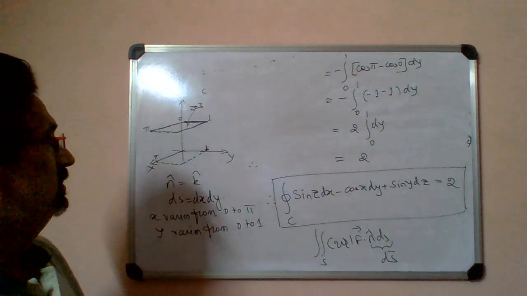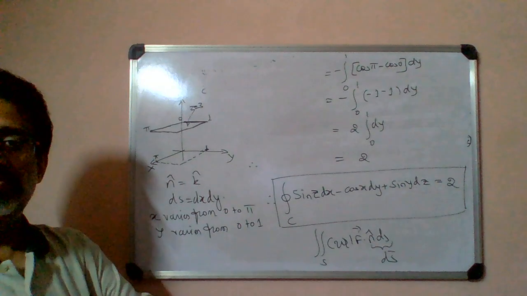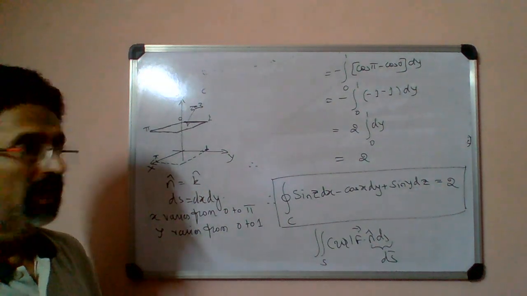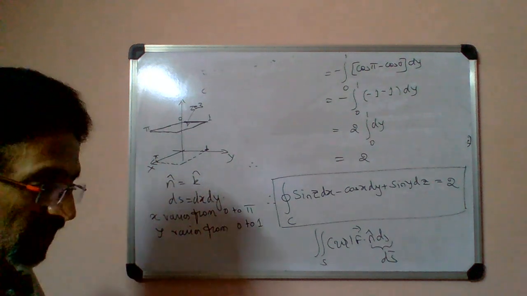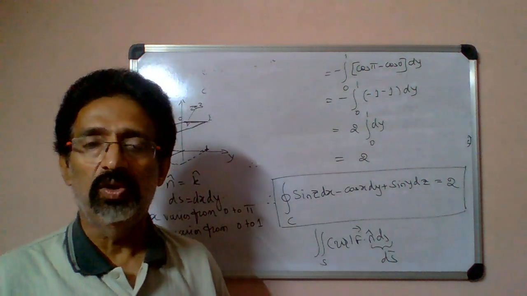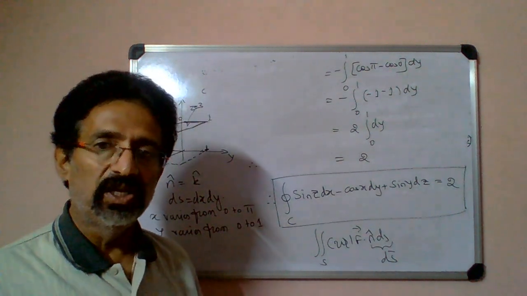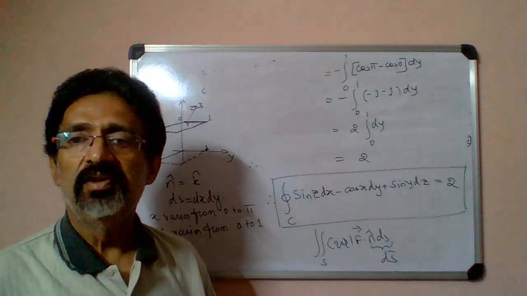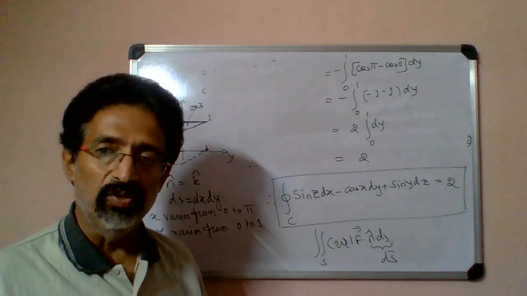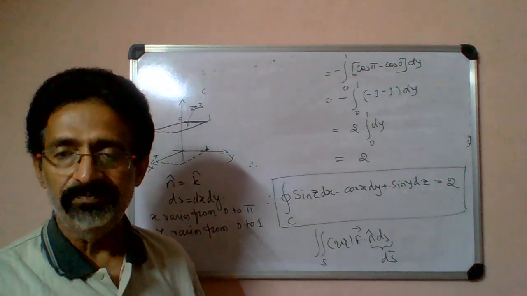And the third thing is how to find dS and how to find the normal. To find the normal, I should find the gradient of the function, then divide by its absolute value or magnitude so that I get the unit normal.